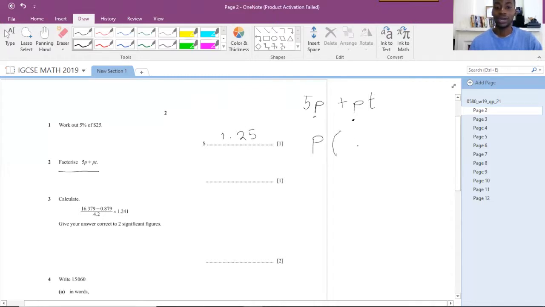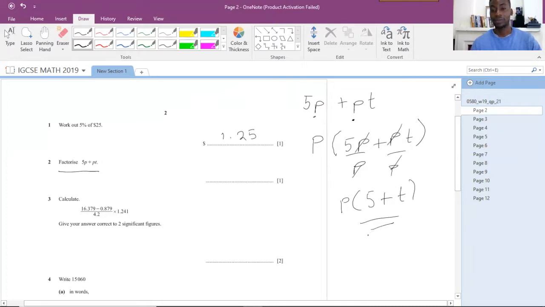Then I'm going to divide this entire expression by that common variable p. The p's cancel, then the answer will be p, open brackets, 5 plus t.